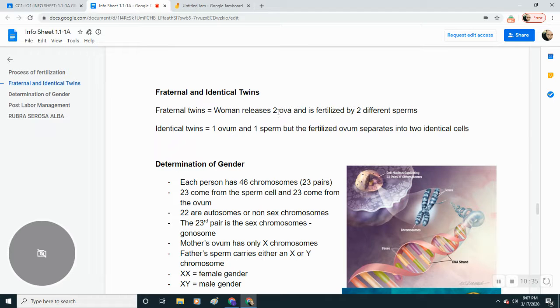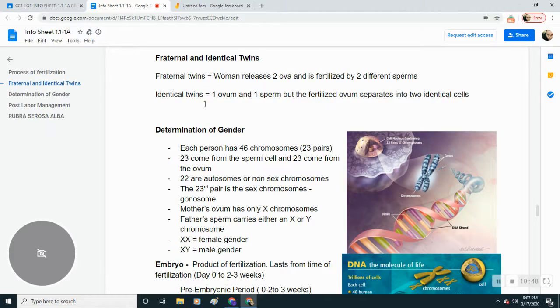Because dalawa yung ova, dalawang egg, then dalawa rin yung separate na sperm na nag-fertilize sa kanila. When we say identical twins, one ovum and one sperm. Pero during the fertilization, naghiwalay kagad sila. So, ibig sabihin, nag-form yung two separate na major cells.